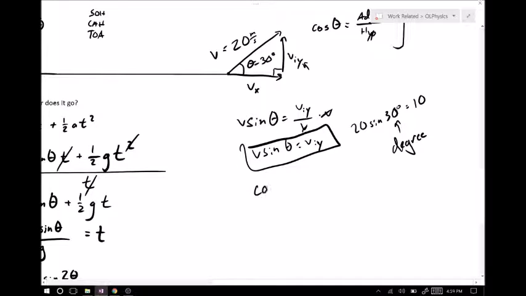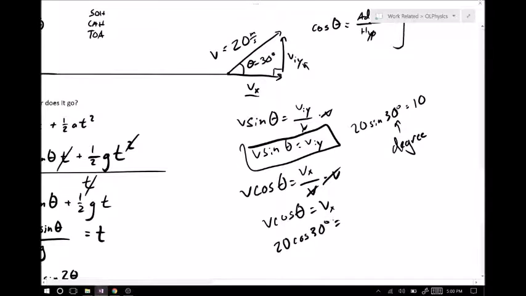Now, cosine theta is our adjacent side, which is our Vx, over our hypotenuse, which is V again. To get V onto the other side, multiply both sides by V. And so we get V cosine theta equals Vx. Now if I plug that in, we have 20 times the cosine of 30 degrees.